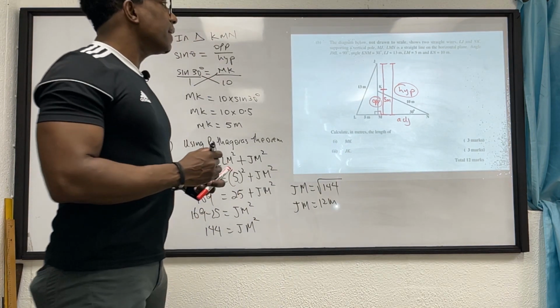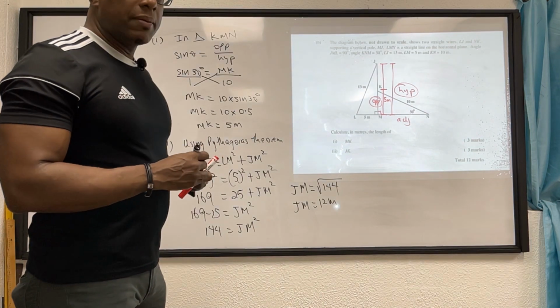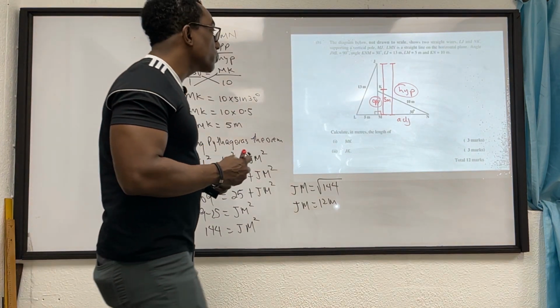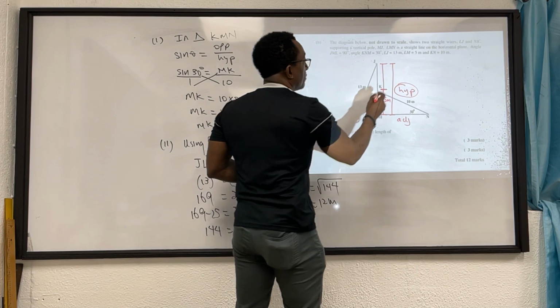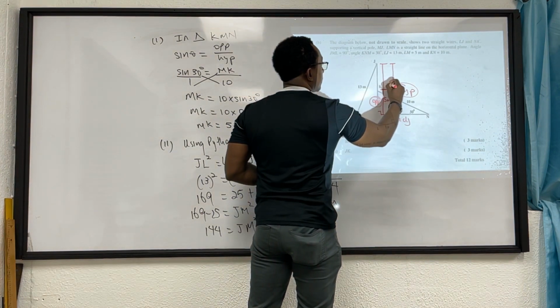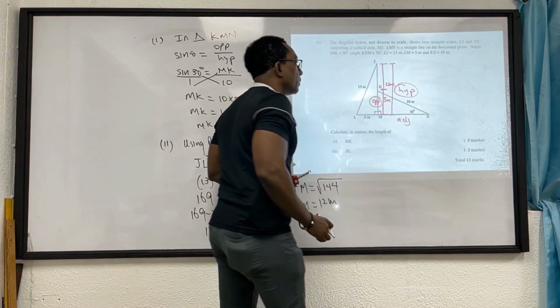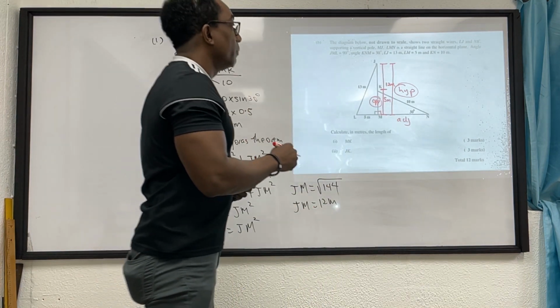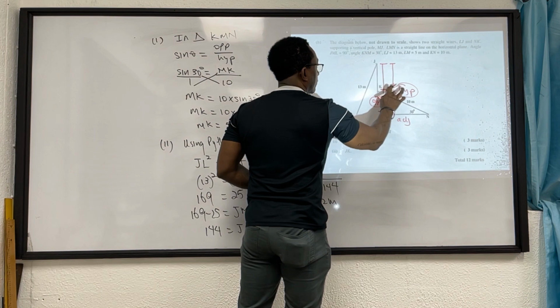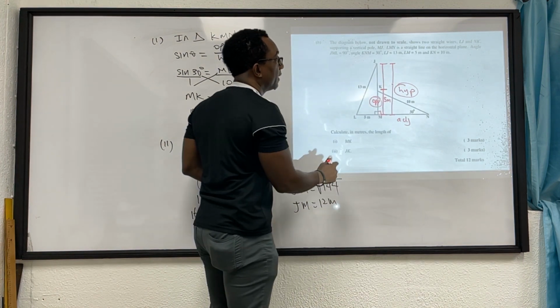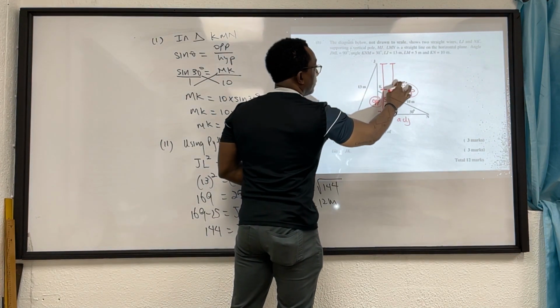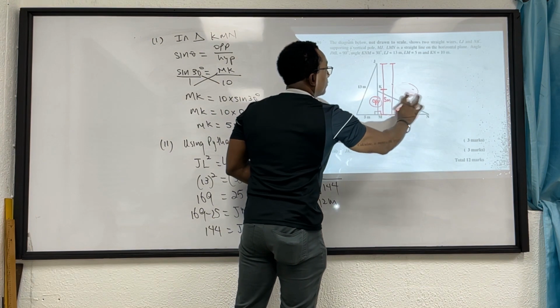So we know that the length of JM, we just worked that out to be 12 meters. So I'm going to put my 12 meters here. So that represents JM. So having found JM, we can easily now find JK. Let me write JM here.